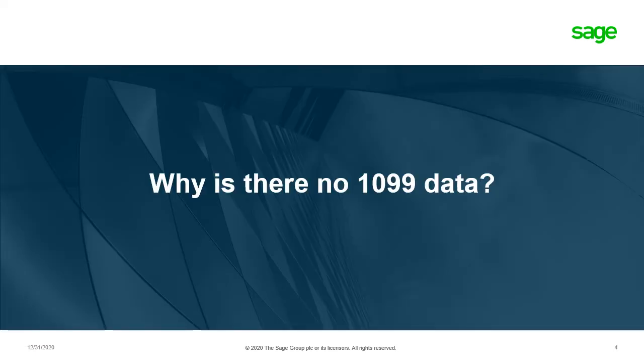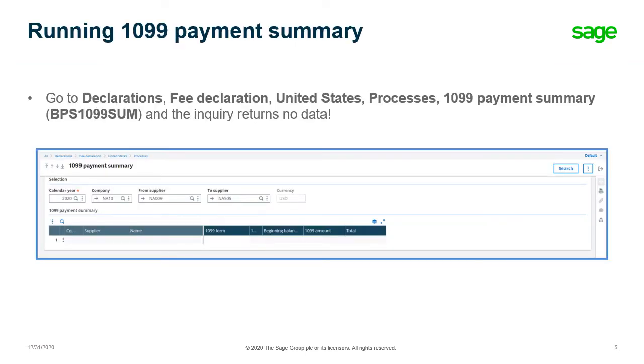So on to why is there no 1099 data? We go to Declarations, Fee Declarations, United States, Processes, 1099 Summary, and we run the inquiry. And the inquiry returns no data.